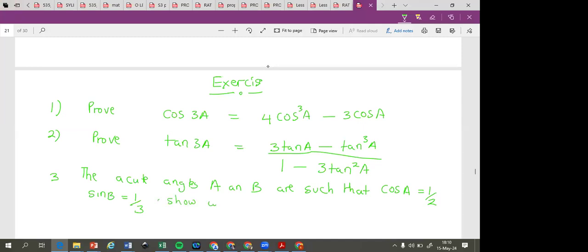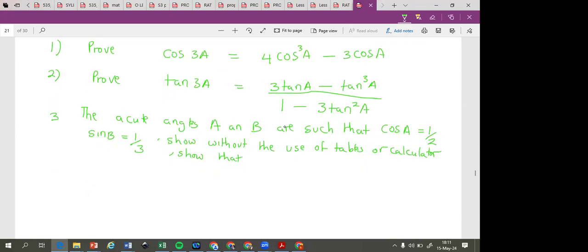Show, without the use of table or calculator, that tan(A plus B) is equal to (9 root 3 plus 8 root 2) out of 5.